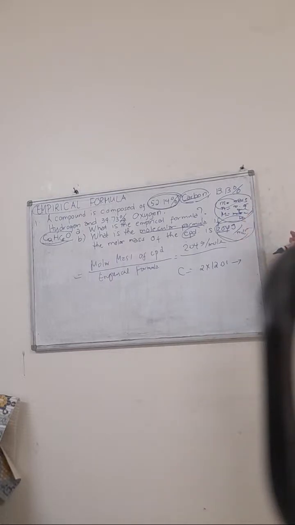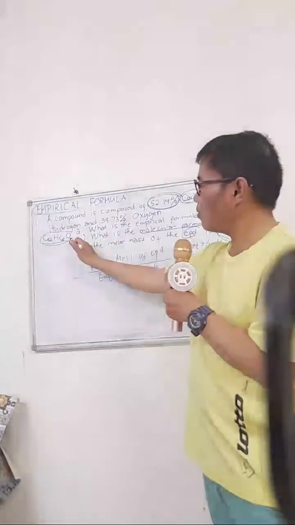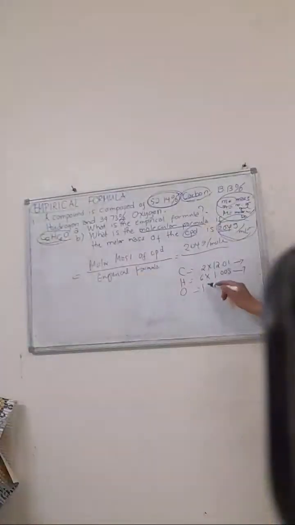Hydrogen, subscript 6, 6 times 1.008. Oxygen has no subscript, so 1 times 16. Your confusing part here is only the oxygen, right?